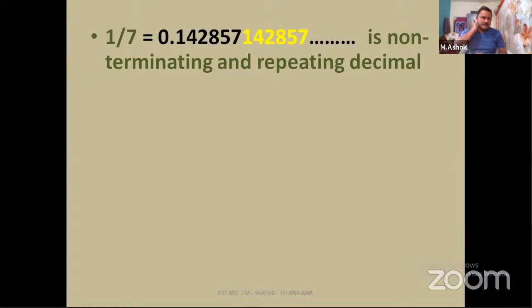Now look at 1 by 7. Its decimal form, we know very well, is 0.142857 and so on, a non-terminating and repeating decimal.